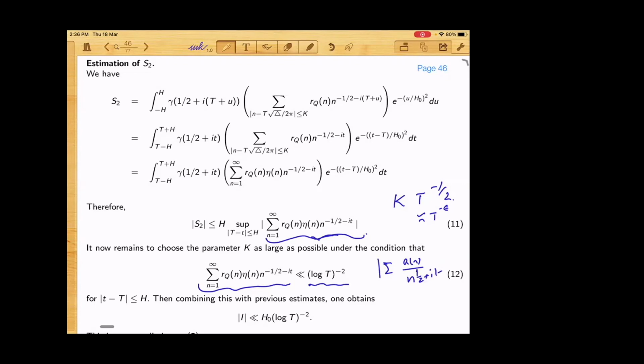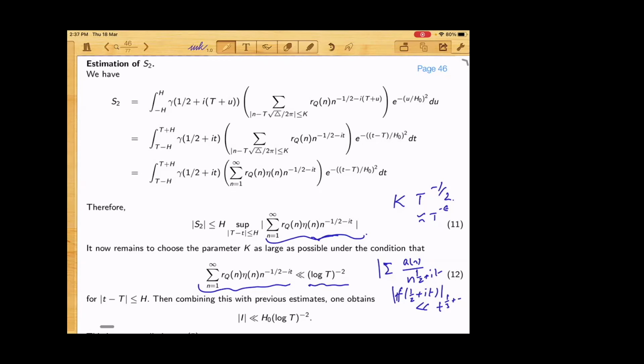In fact, if f is a cusp form, it allowed him to show that this is less than t to the power 1/3 plus epsilon. So this is where the main idea lay, but that was for the cusp form L functions. So we tried to work out everything for this Epstein zeta function.